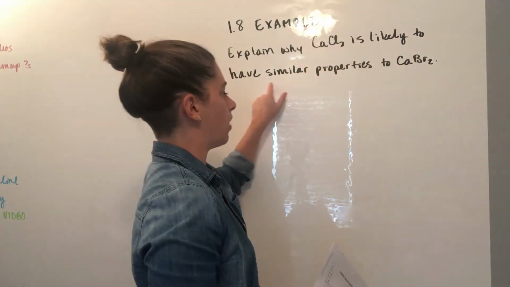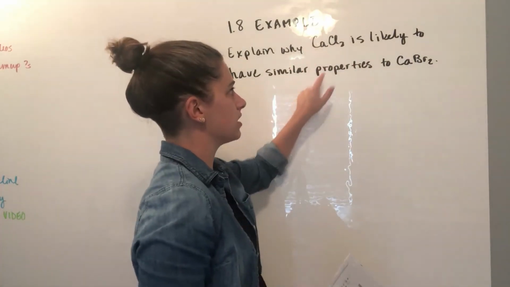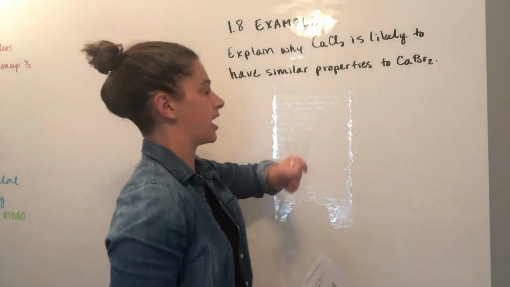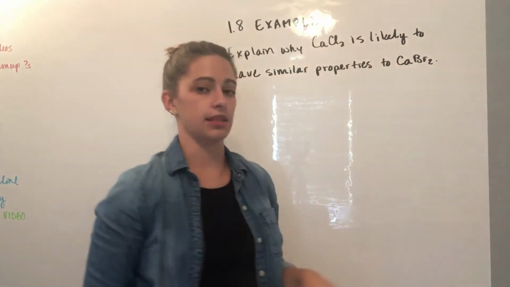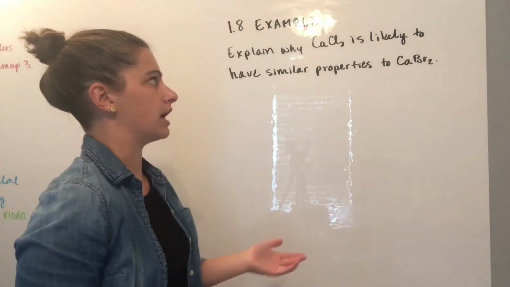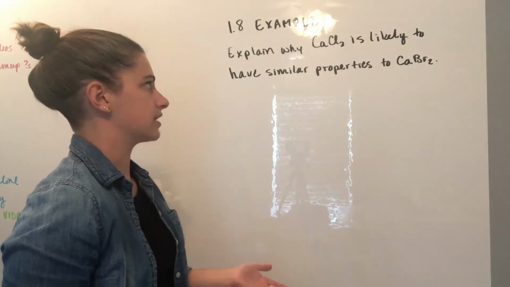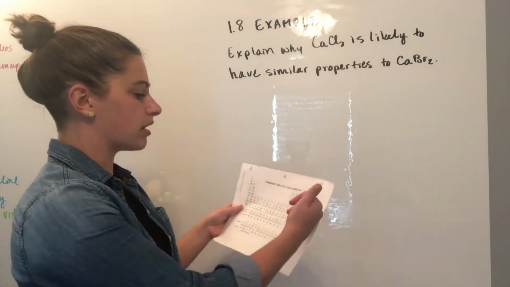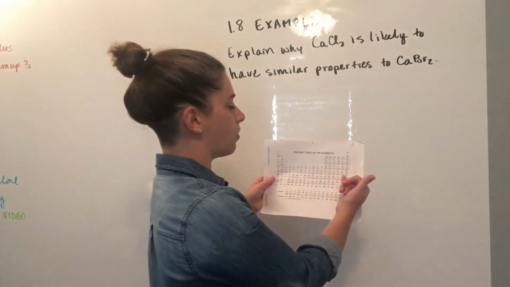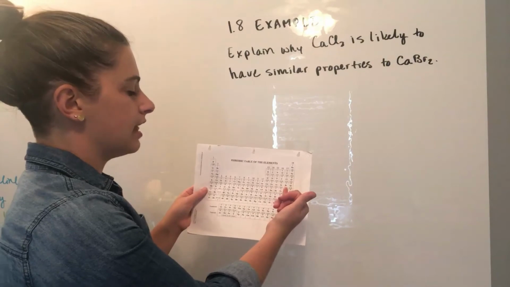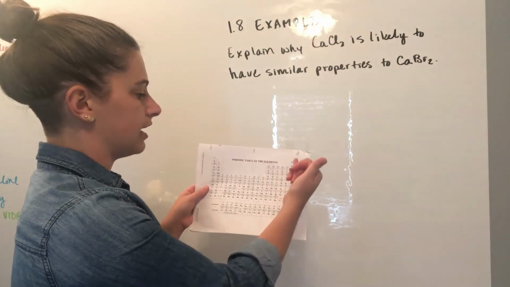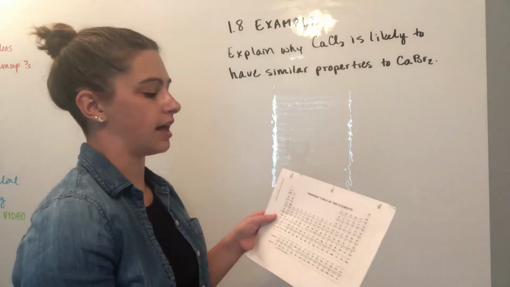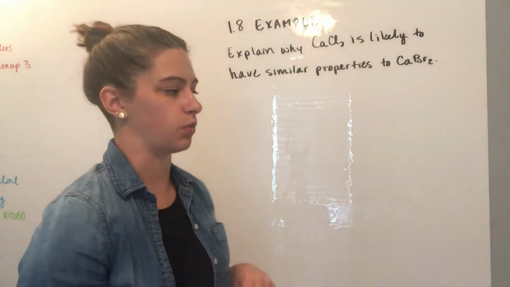When we're looking at why there might be similar properties, we're going to look at what the connection is between these two elements in the compound. These two elements are in the same column, therefore they're going to have similar reactive properties. We could extend this and say that calcium fluoride and calcium iodide would also have similar reactive properties because those elements are in the same column as well.